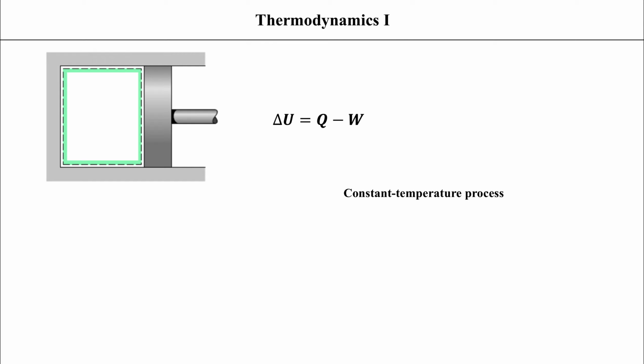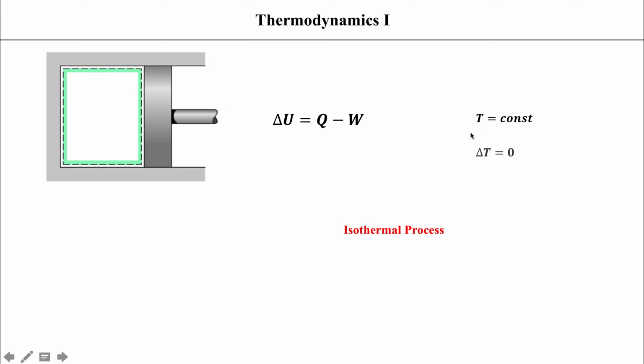Let's say that we have a constant temperature process, and a constant temperature process means that it's an isothermal process. So for an isothermal process, the temperature is equal to constant, and that means that there is no change in temperature either for this process, and that means that delta T will be equal to 0.